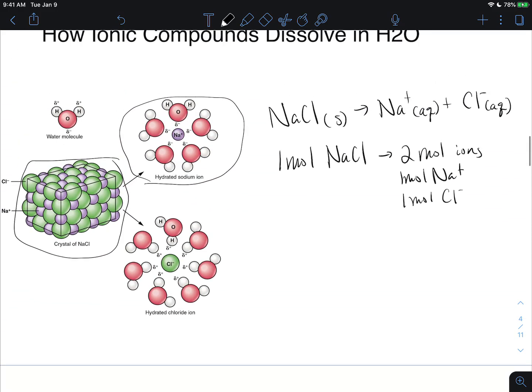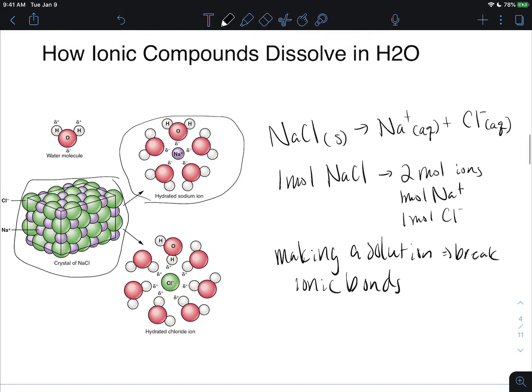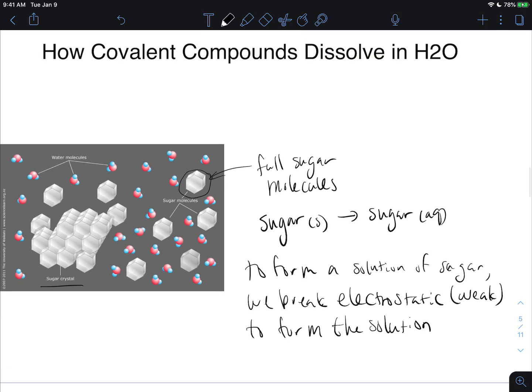But here, making a solution, we break ionic bonds. Okay? So they're very different. Even though they both result in an aqueous solution, they are very different dissolving processes between an ionic compound and a covalent compound.